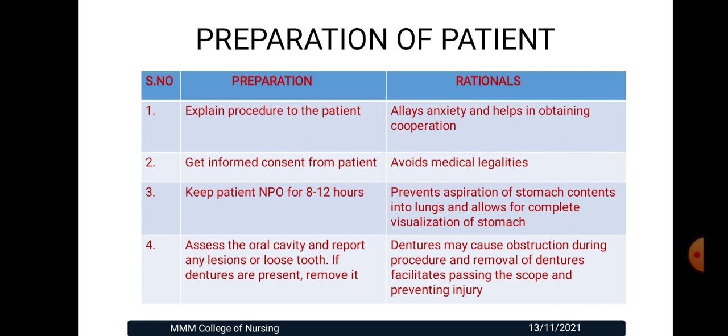And next point is assess the oral cavity and report any lesions or loose teeth. If dentures are present, remove them. Dentures may cause obstruction during the procedure, and removal of dentures facilitates passing the scope and prevents injury.